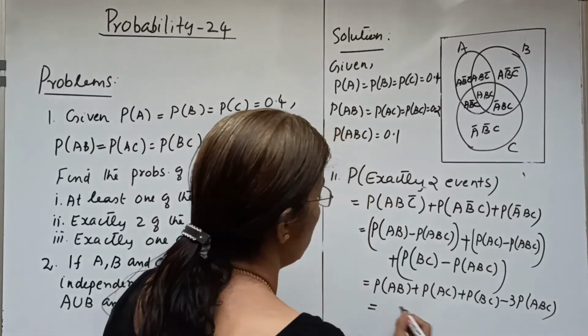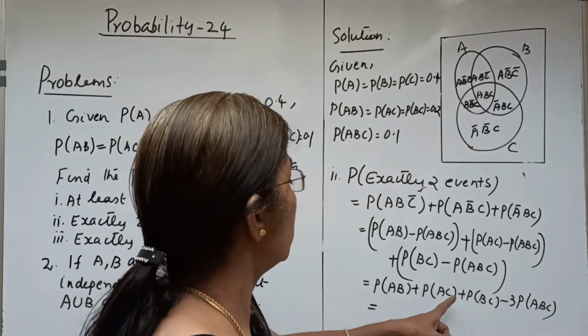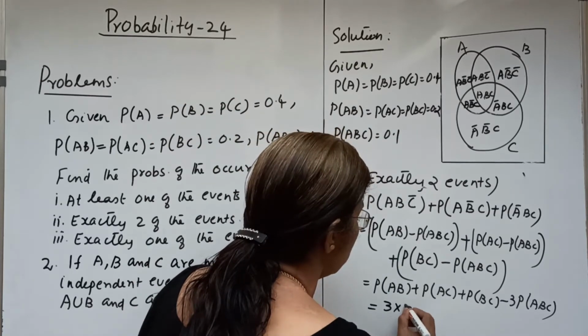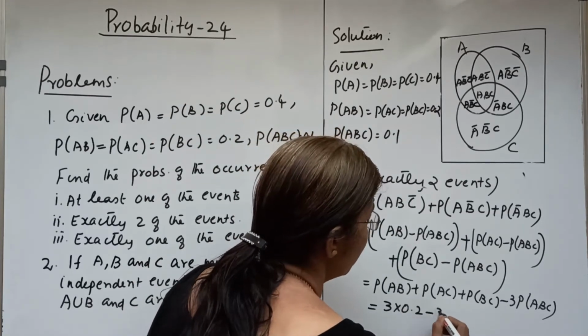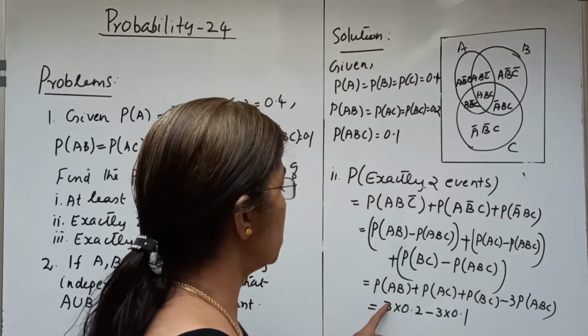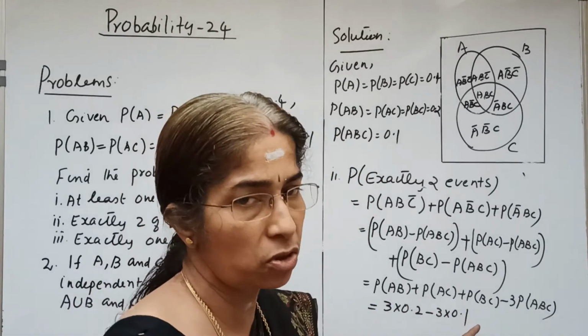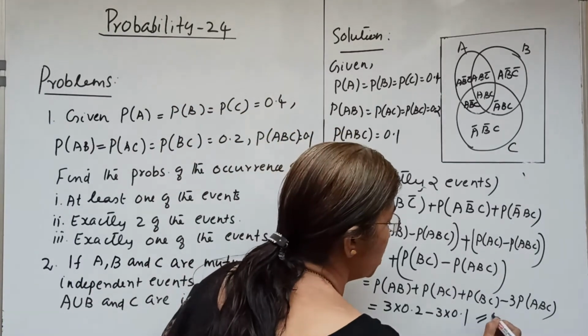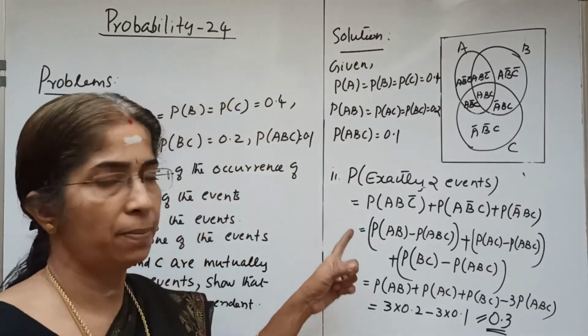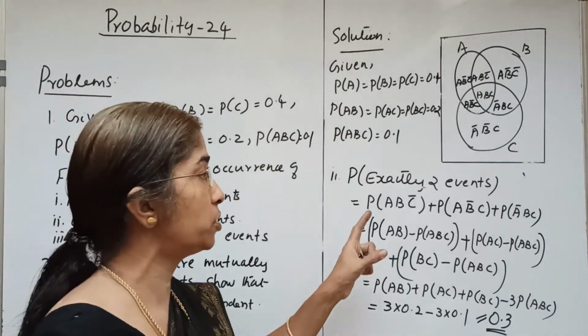And all the three are equal, so this can be written as 3 into 0.2 minus 3 into 0.1, isn't it? So 0.6 minus 0.3 equals 0.3, which is the probability of exactly two of the events.